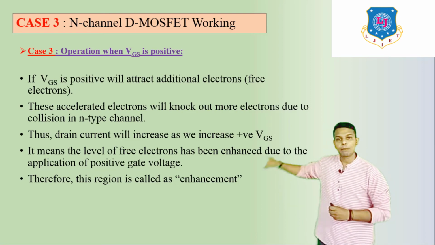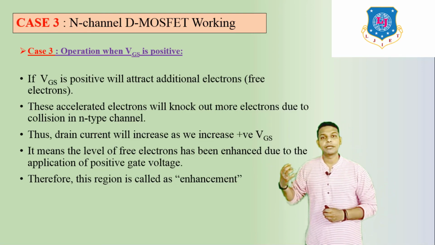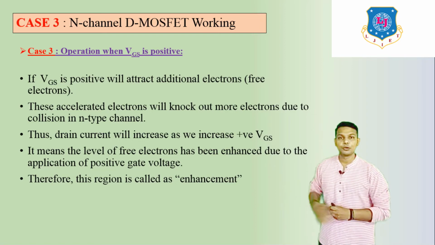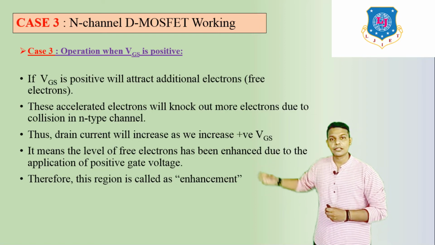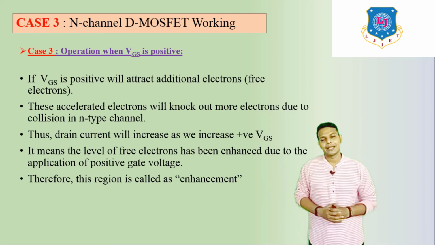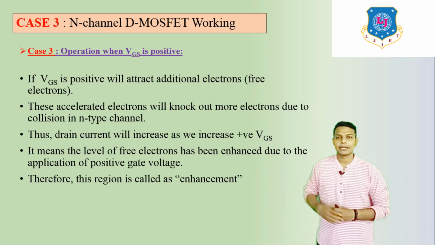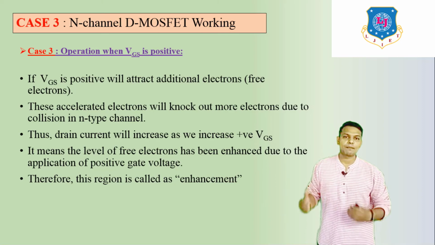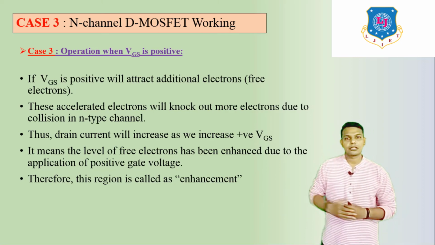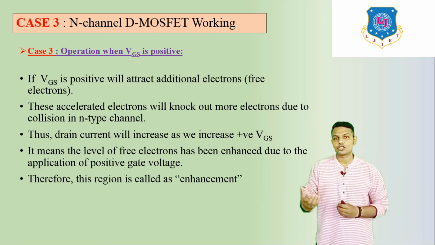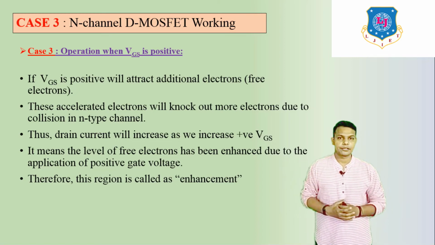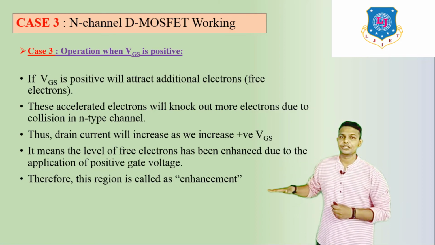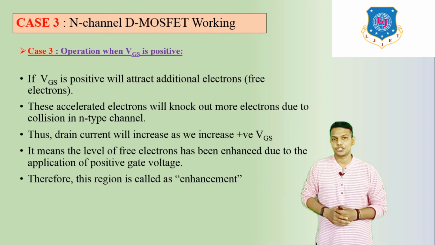That's why the number of electrons are going to be increased, and due to this the flow of current also increased. That's why it is known as enhancement, because here the flow of electrons towards drain is increased. So this region is known as enhancement region.